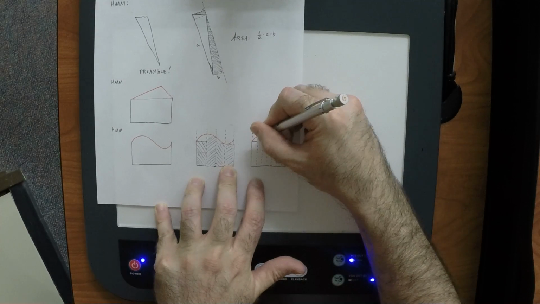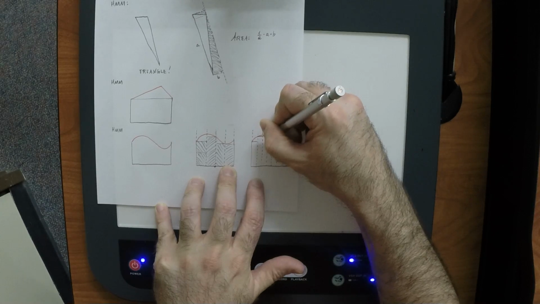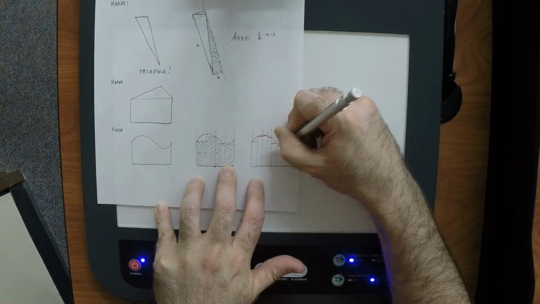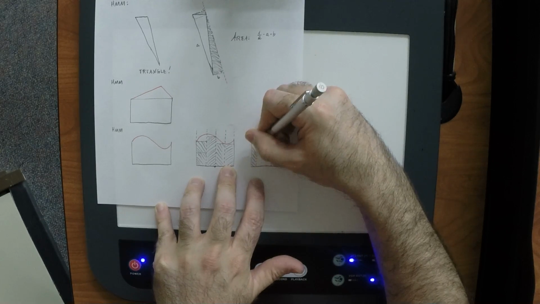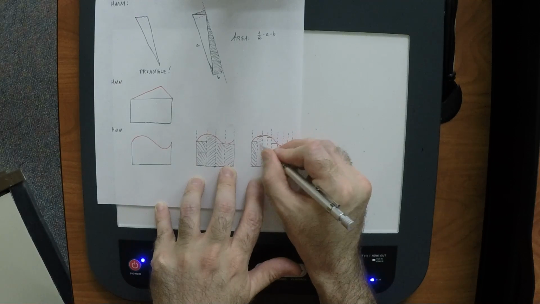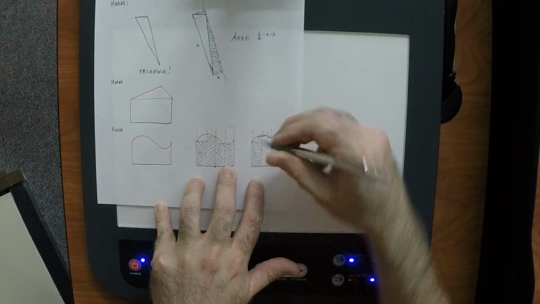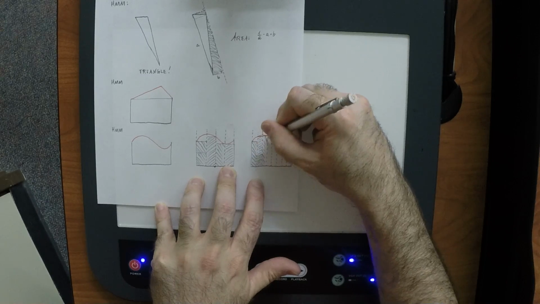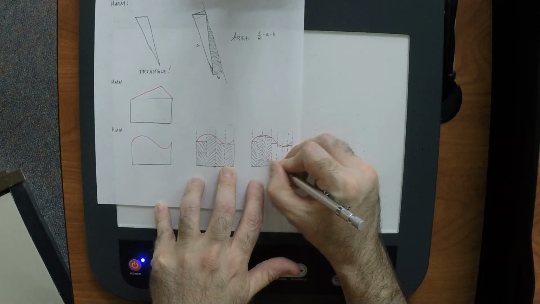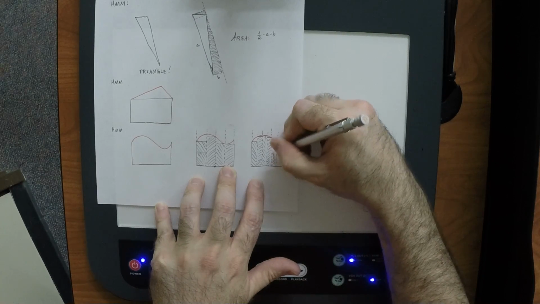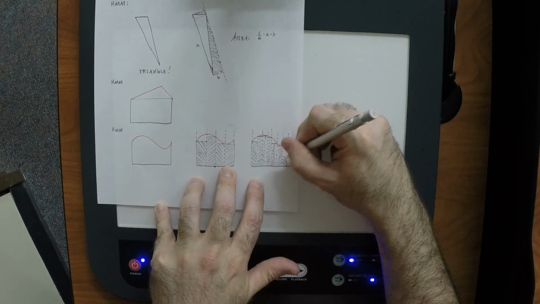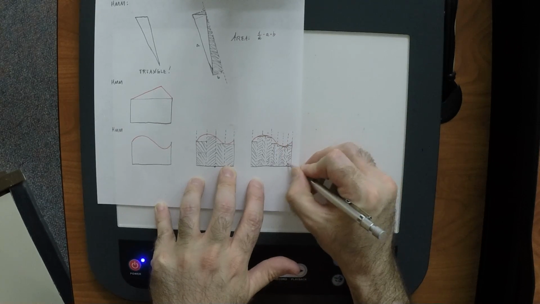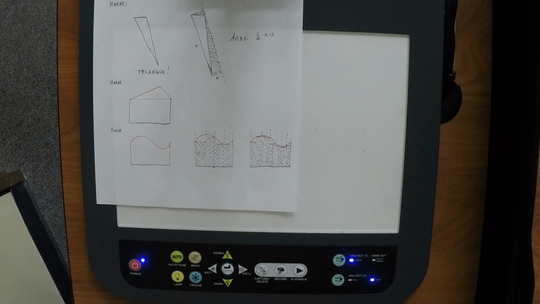Okay, so like that, and that, and that. So, a better estimate, but still an underestimate, but better.